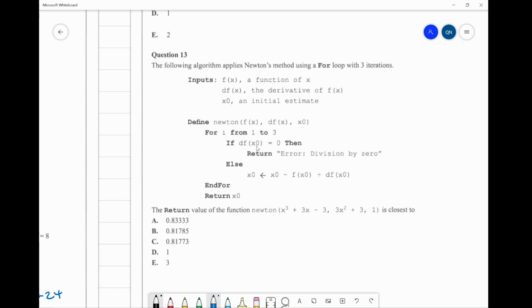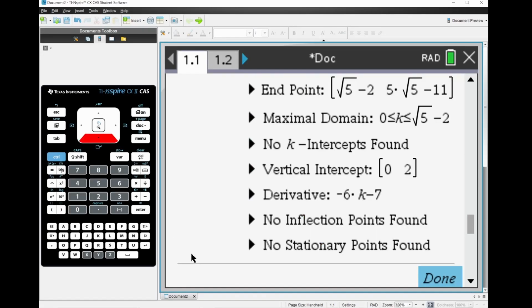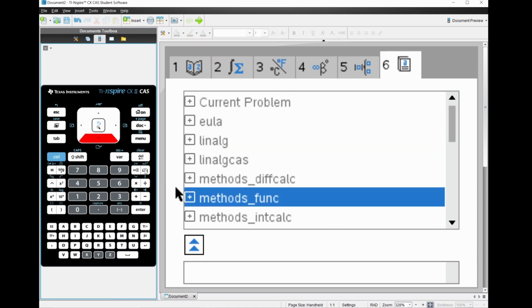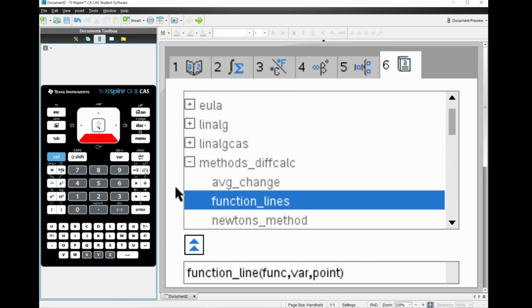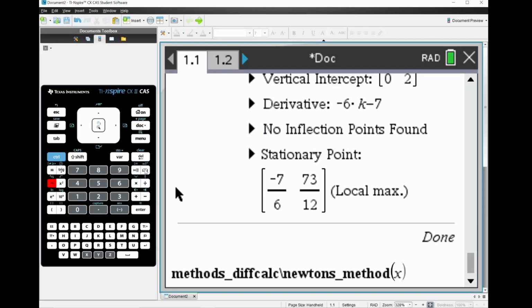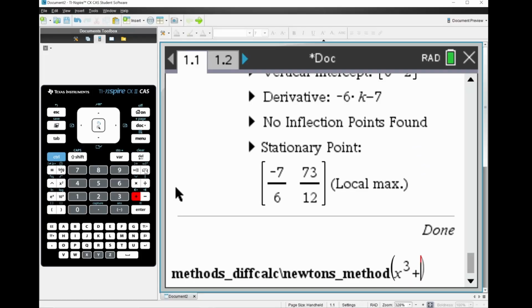If df said x0 is the starting point, so it looks like that's fine. I'm just going to use my Newton's method program and see what on earth that gives us. So I'm going to go down to differential calculus, Newton's method, and then we have x cubed plus 3x minus 3, comma x, comma, and then we start at 1.